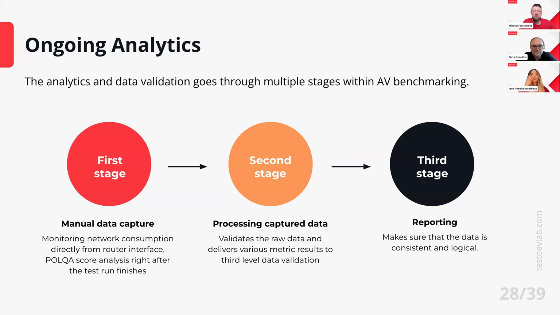And then we move to the third stage, which is basically the reporting stage. Data makes it to the reports and into the average graphs in a more aggregated form. And that allows us to see if the data is consistent and logical, and see the overall trends of the performance for different products under test.